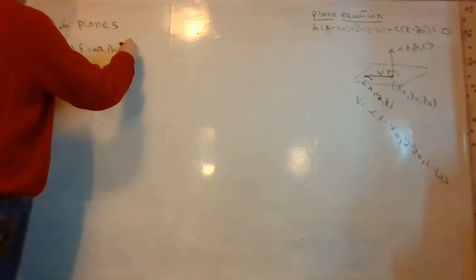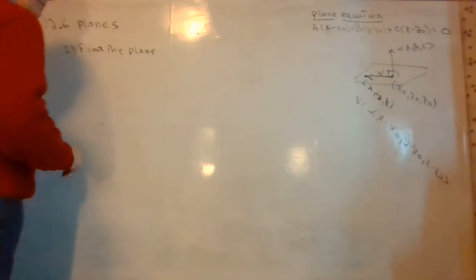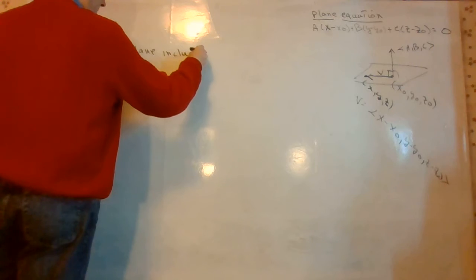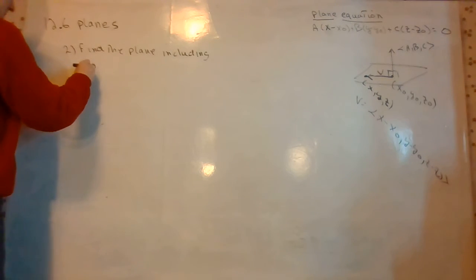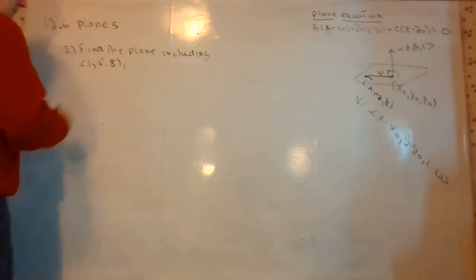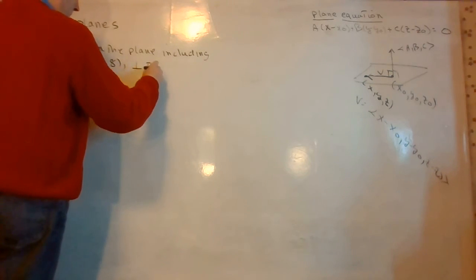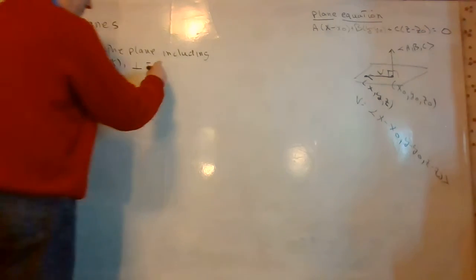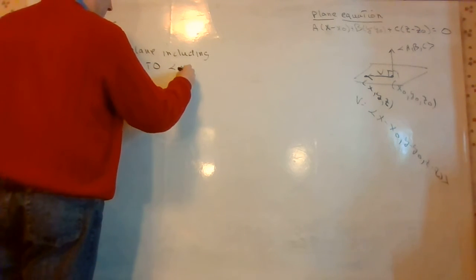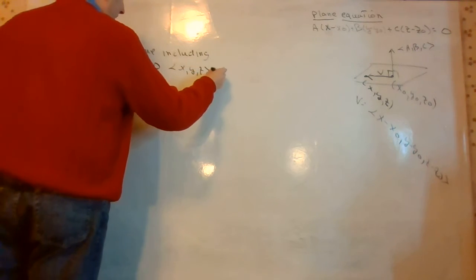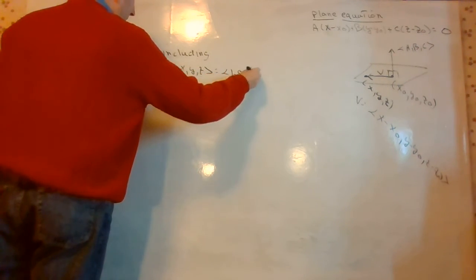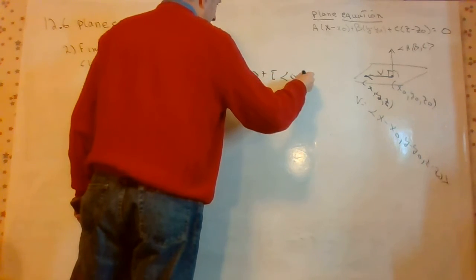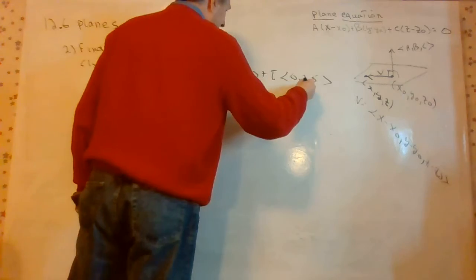Find the plane including 1, 5, 8, but perpendicular to (x, y, z) equals (1, 0, 1) plus t times (0, 2, 5).